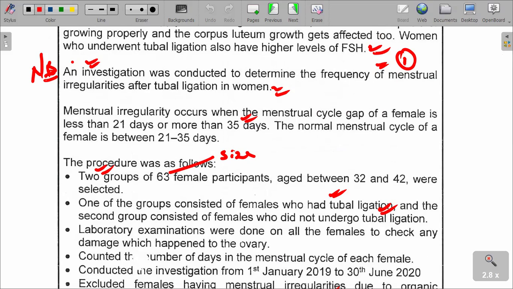So now we are saying the independent variable is the number of women who underwent tubal litigation or not.